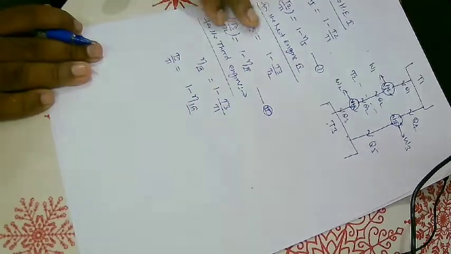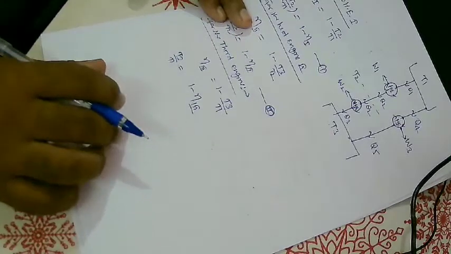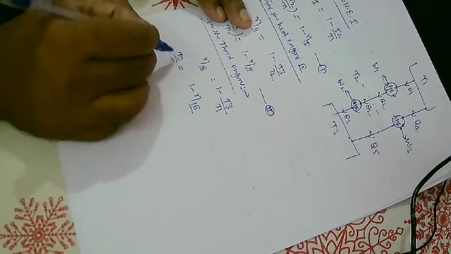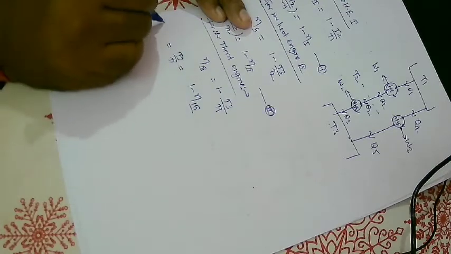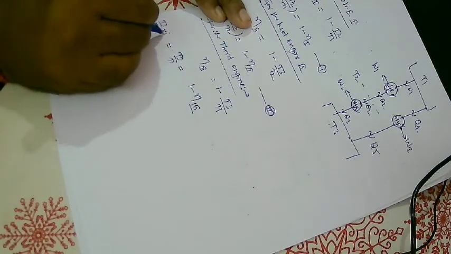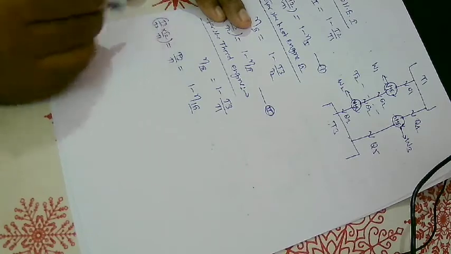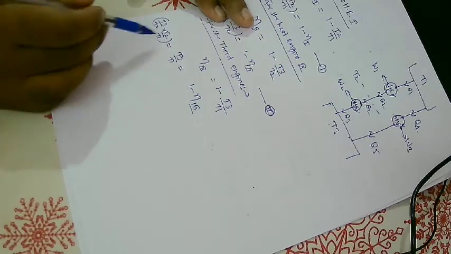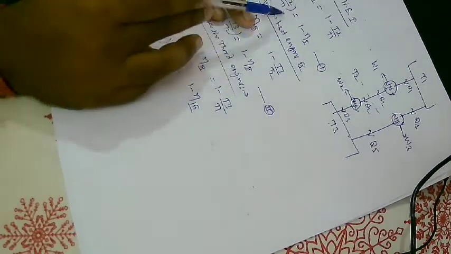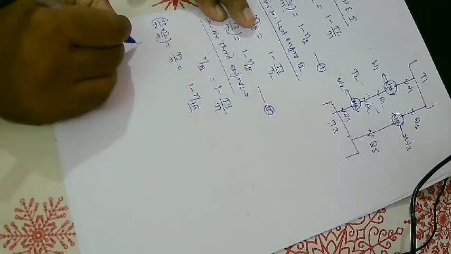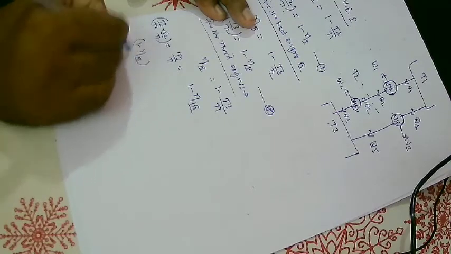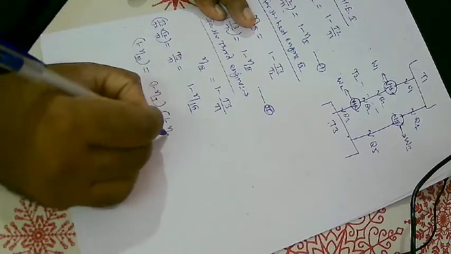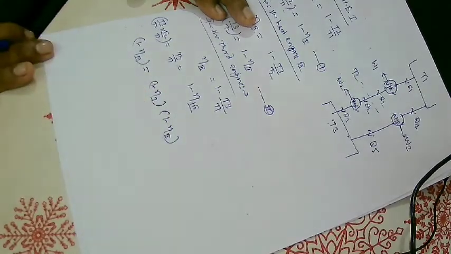Now make some arrangement: T3 by T1 can be written as T3 by T2 into T2 by T1. T3 by T2 you know, and T2 by T1 you know. So substituting, 1 minus efficiency 3 can be written as 1 minus efficiency 1 times 1 minus efficiency 2. Can I write like this?